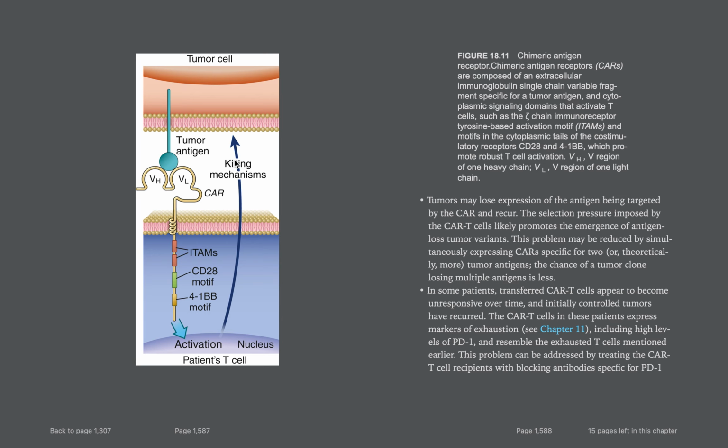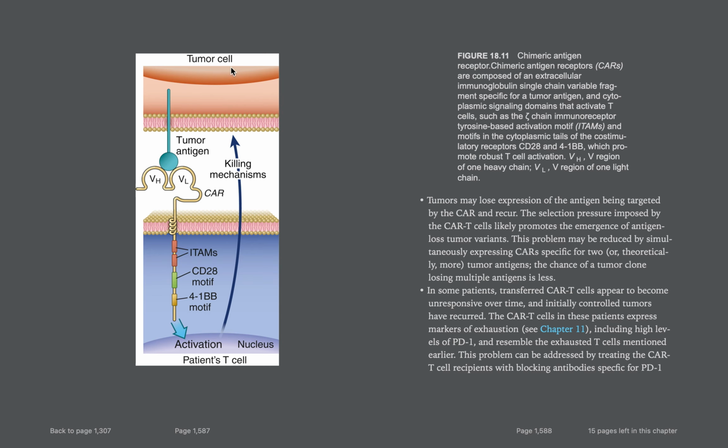So we have the chimeric antigen receptor here. The chimeric antigen receptors, CARs, are composed of extracellular immunoglobulin single-chain variable fragments specific for tumor antigen and cytoplasmic signaling domains that activate T cells, such as zeta chains with immunoreceptor tyrosine-based activation motifs, and a motif in the cytoplasmic tail of the costimulatory receptor CD28 or 4-1BB, which promote robust T cell activation.